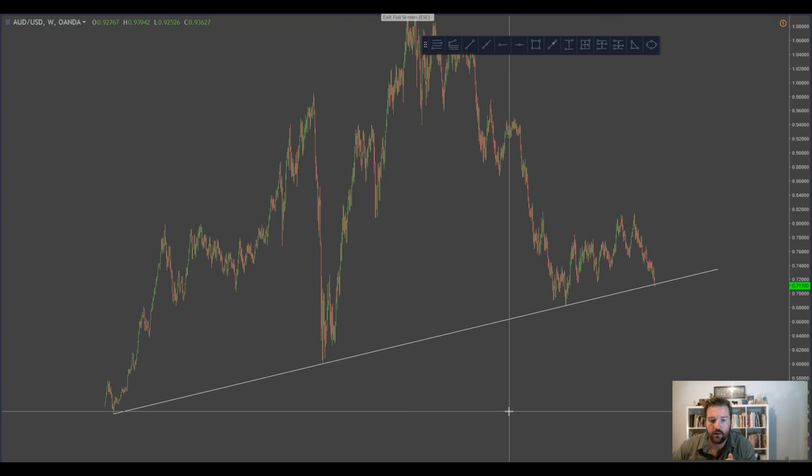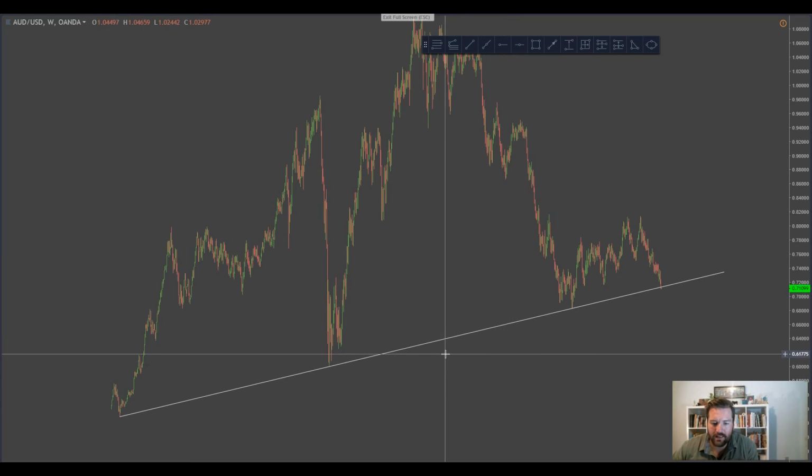Occasionally it happens. If you connect these 2 points, that last touch after our establishment point was pretty perfect. That third touch was pretty perfect, and we're right back around there on this trend line.